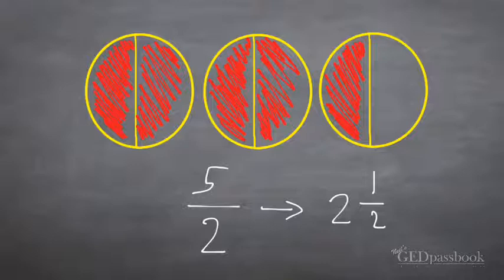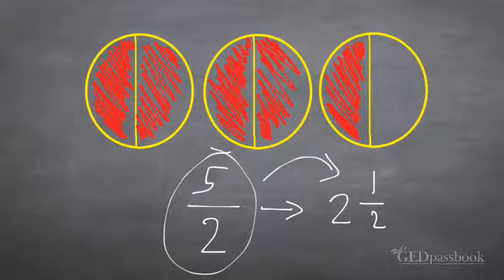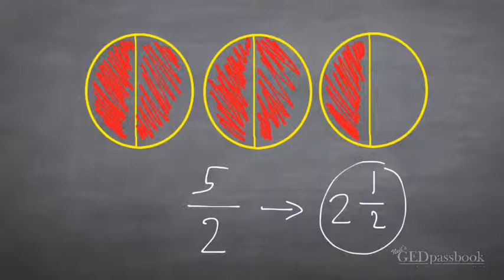So that's how you find a mixed number or an improper fraction visually. But now we're going to learn how to convert an improper fraction to a mixed number, and how to convert a mixed number to an improper fraction mathematically.